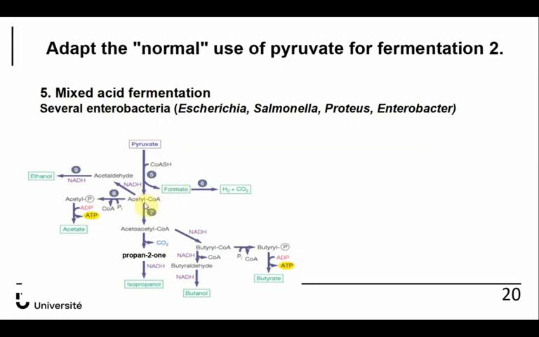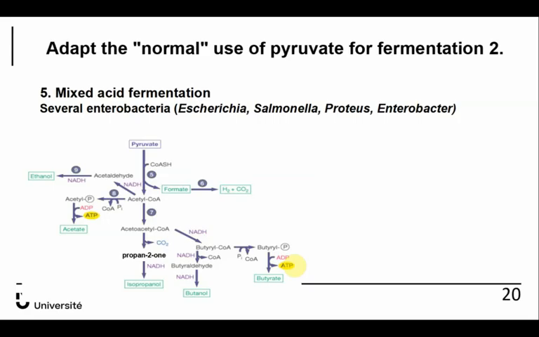And then from acetyl coenzyme A, there are a bunch of different branches that can be used. Some of them will recycle NADH into NAD+, so that's the main point of fermentation. But other ones can be used to produce some ATP. At least that's what makes sense to me, because every time I see something complicated in biology, I always think, why is it so complicated?